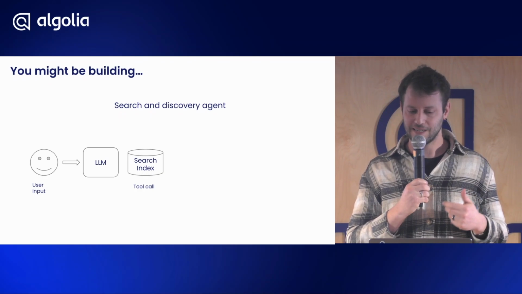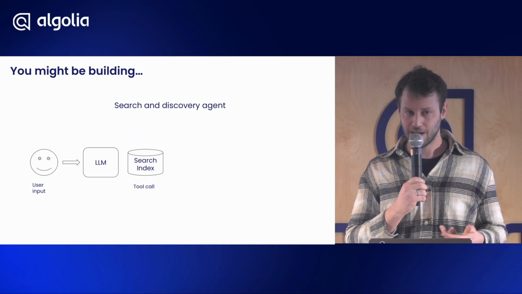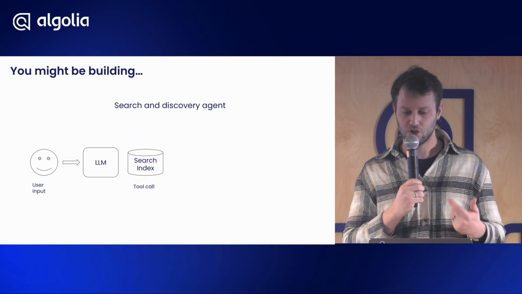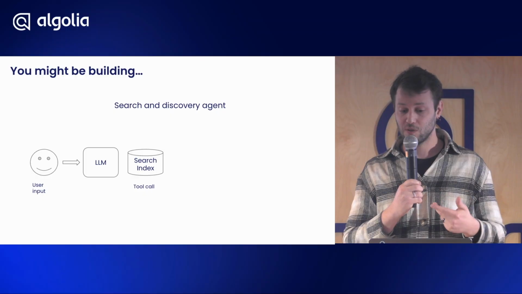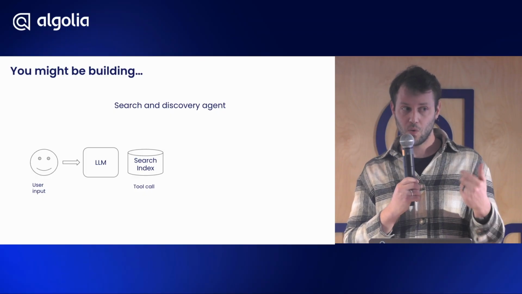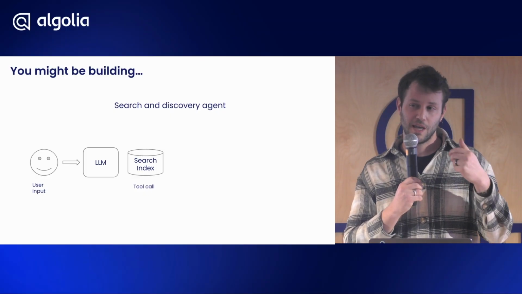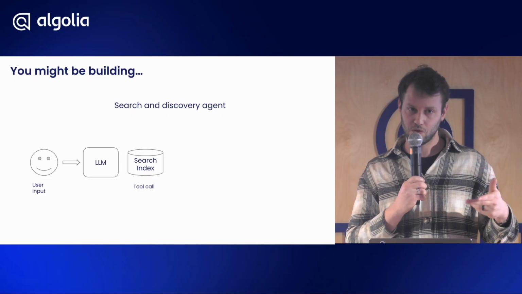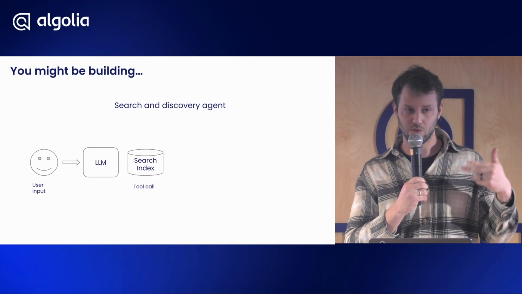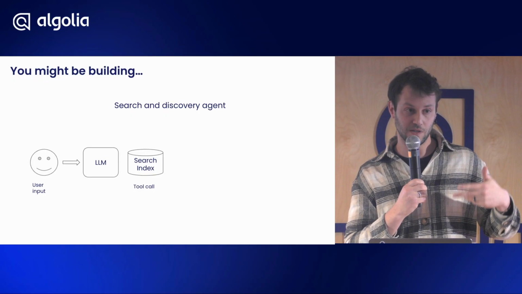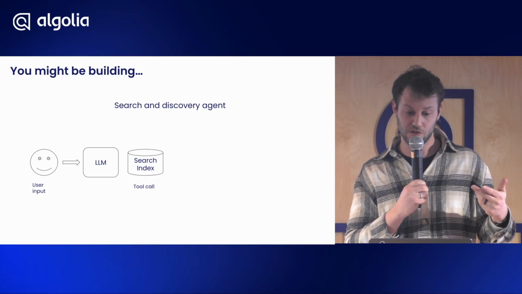In this case, it enables the LLM to decide to go to your index and try to retrieve items. Now, it might actually do that a couple of times. We don't know what happened in that video that I showed. It might be that it wrote the query in one way and then decided to rewrite the query a couple more times until it got relevant results.